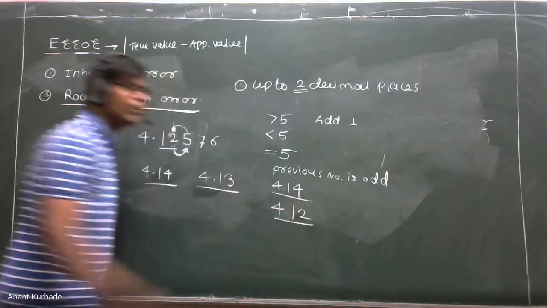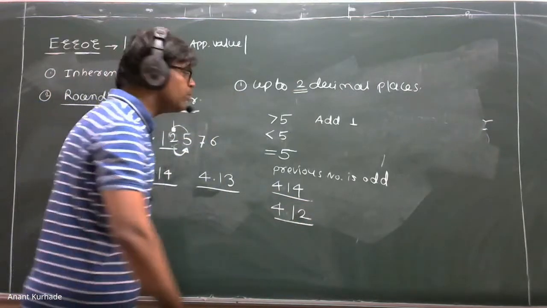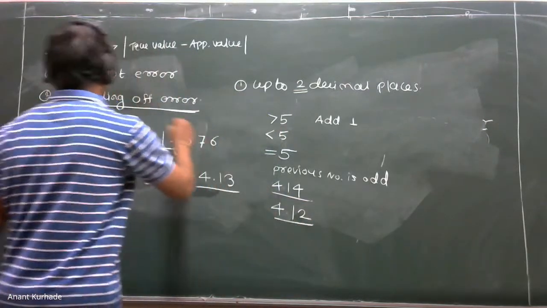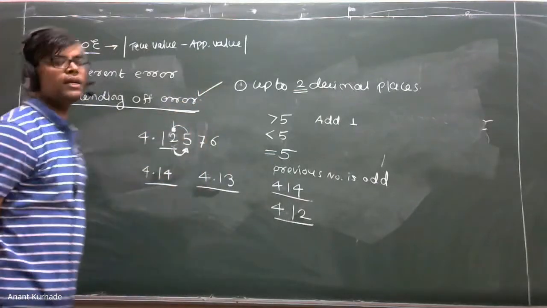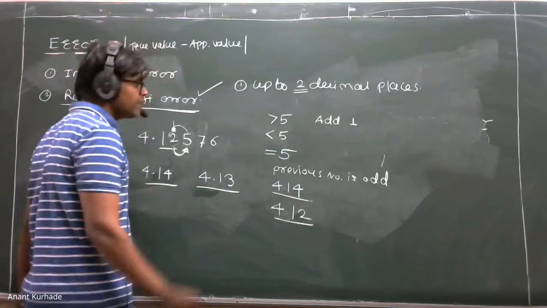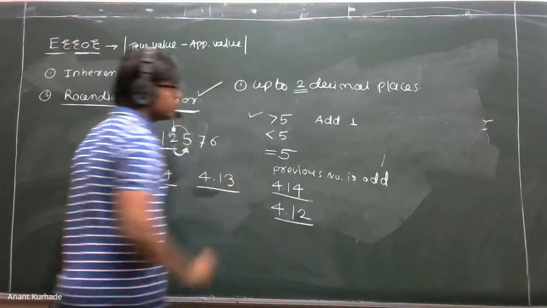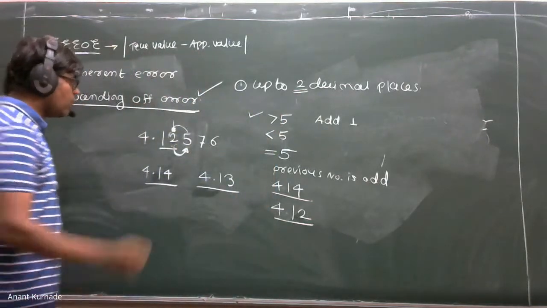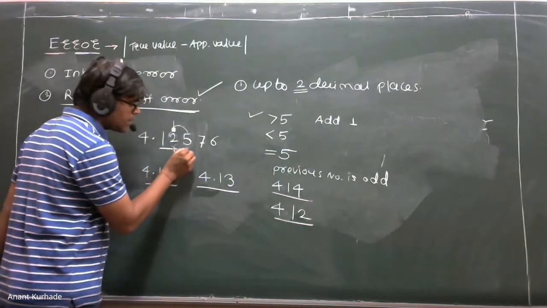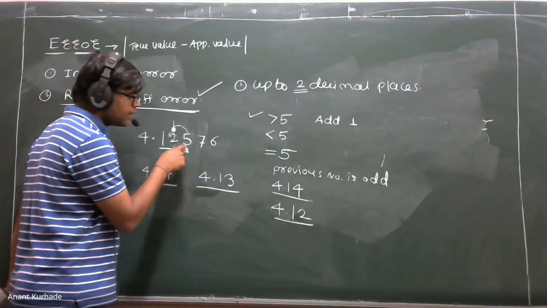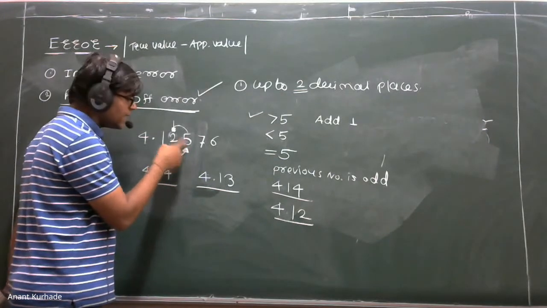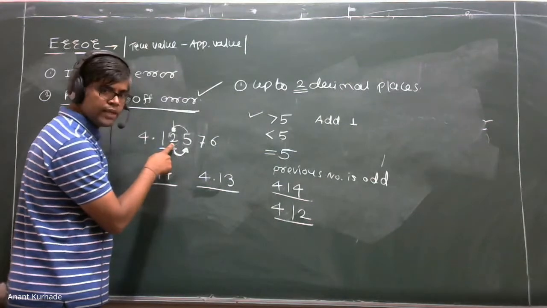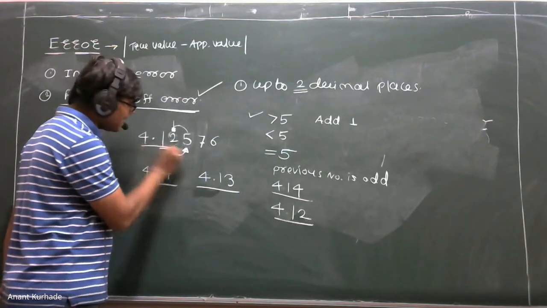You can have a numerical on this rounding for 6 or 4 marks, so remember this. Your focus should be on the next decimal place number. If it is equal to 5, check the previous one, odd or even. If it is even, keep as it is.